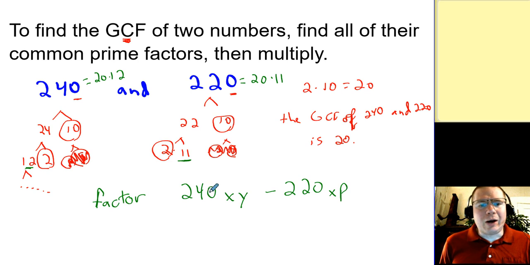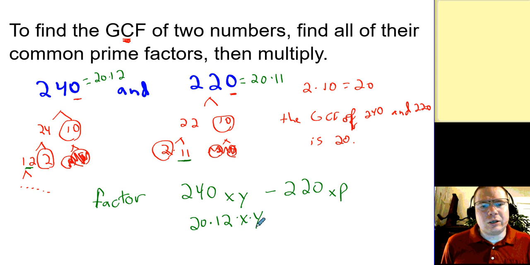All right. Now, I know 240 is 20 times 12. xy after that means times x and times y. 220, I've already worked out that that's 20 times 11 times x times p.